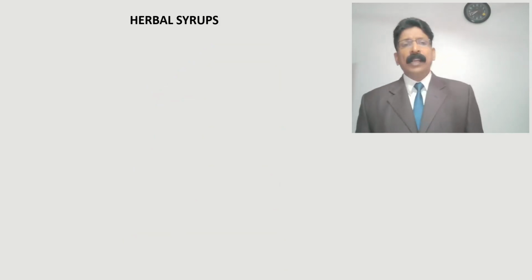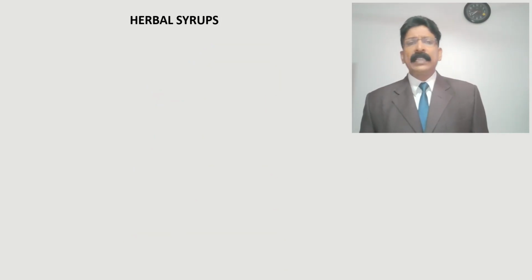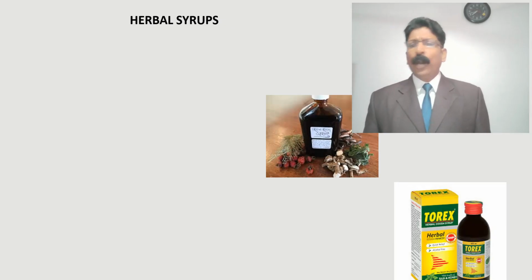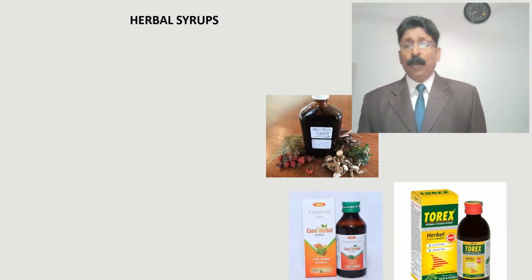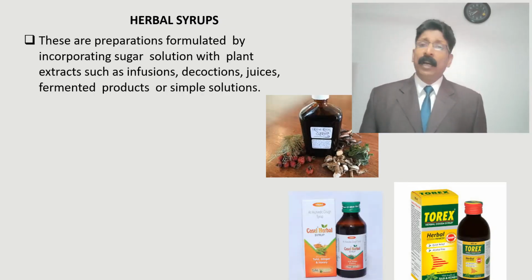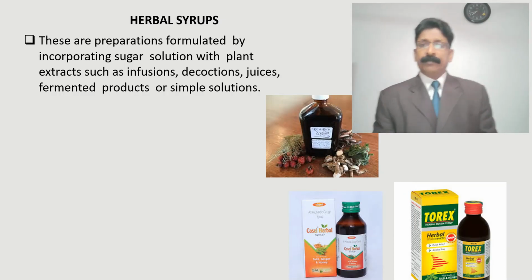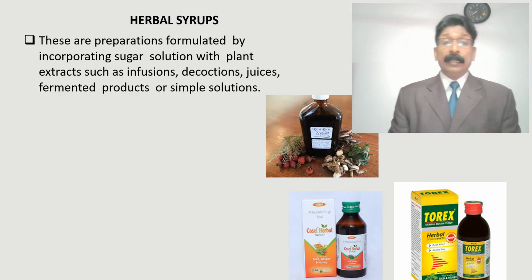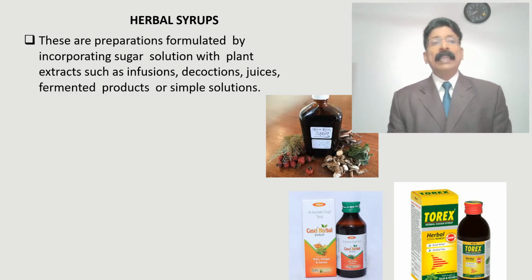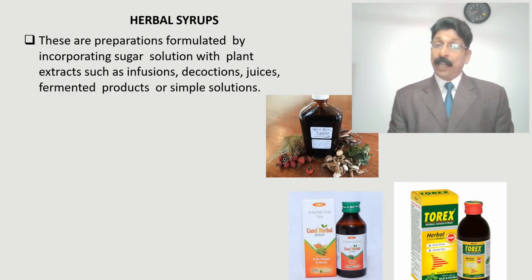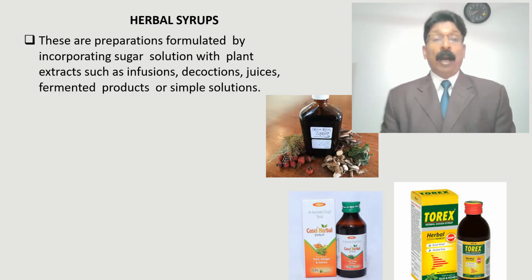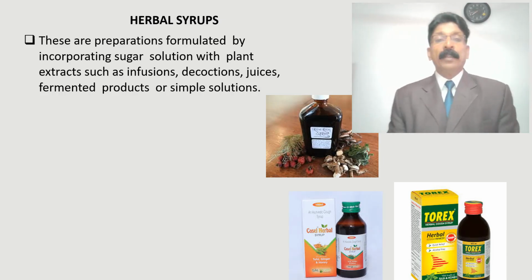You can see herbal syrups, which we know are mostly available in the market and have a high demand. These are preparations formulated by incorporating sugar solution, as we know how to prepare a syrup, with plant extracts such as infusion, decoction, juices, fermented products like arista and asava, or simple solution.